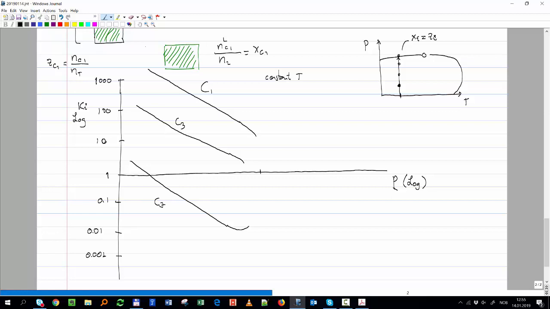I don't have any more gas phase. So the mole fraction of methane should be the same. If I only have liquid, the liquid should be the same as the mixture. At that point, this K factor becomes undefined. Let's say that this is the bubble point. Let's call it P bubble point, PB. And that's it.